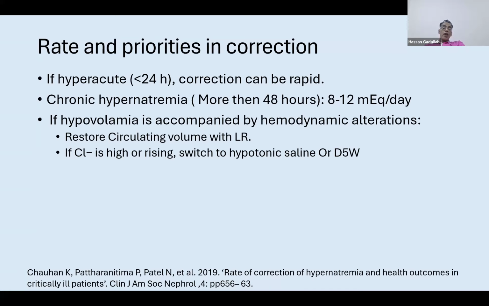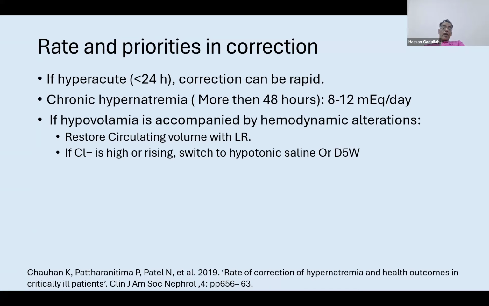If it's chronic hypernatremia, which developed over more than 24 hours, or we don't know the time of onset, we stick to the range mentioned previously, from 8 to 12.